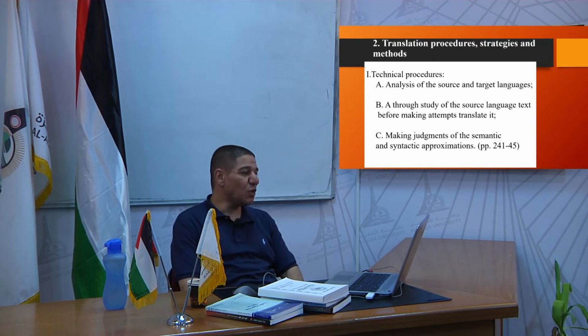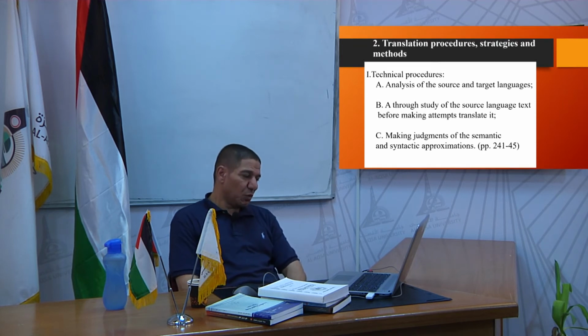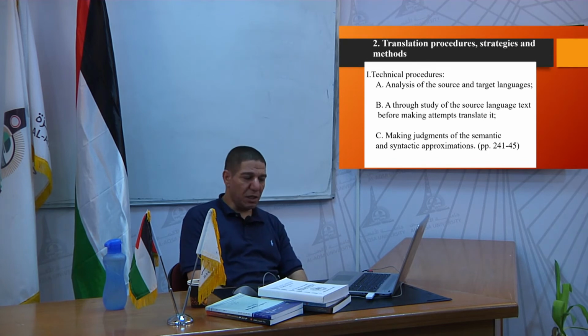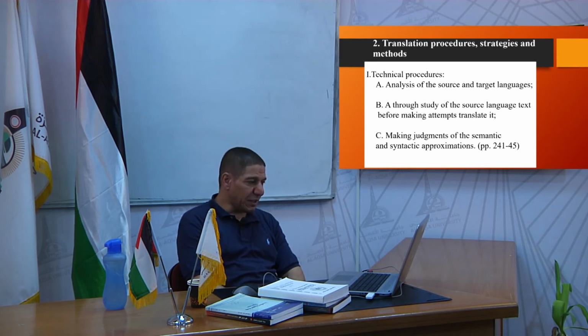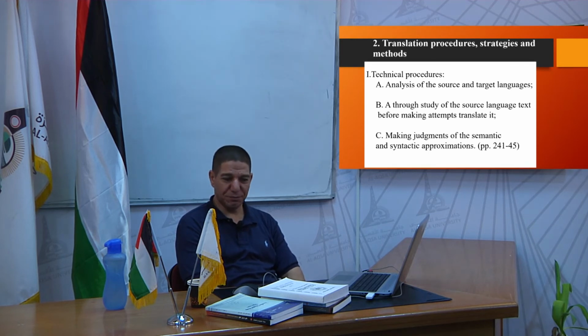Now, let us go for the translation procedures, strategies, and methods. We have technical procedures and we have organizational procedures. Technical procedures are analysis of the source and target languages.